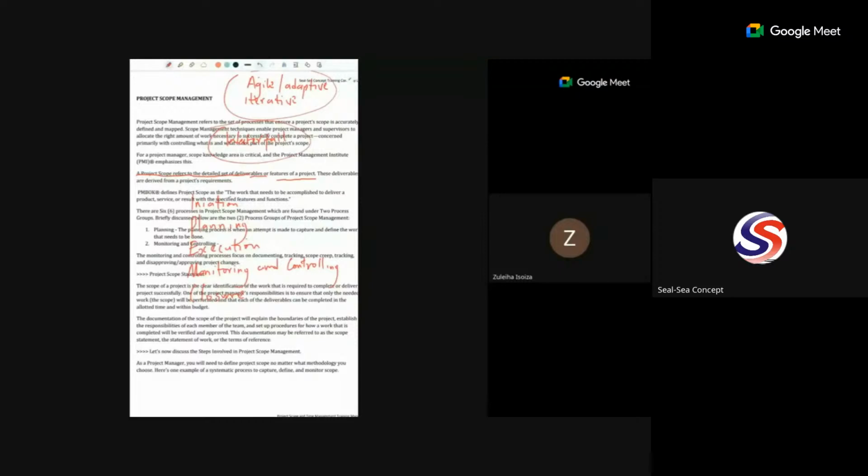Now, the methodology by which we want to carry out the project, or the nature of the project, will let us know what kind of methodology, what is the life cycle that we're actually choosing for that project.